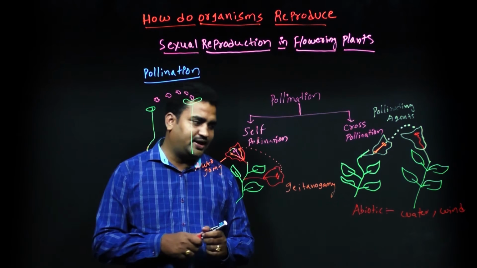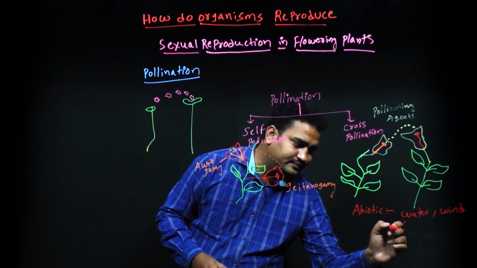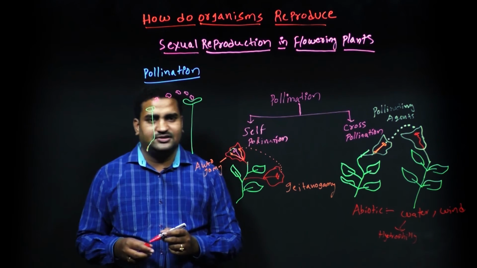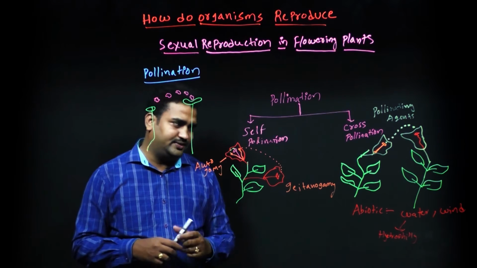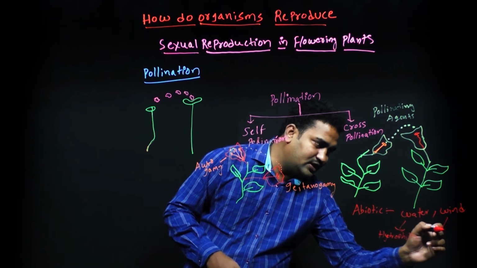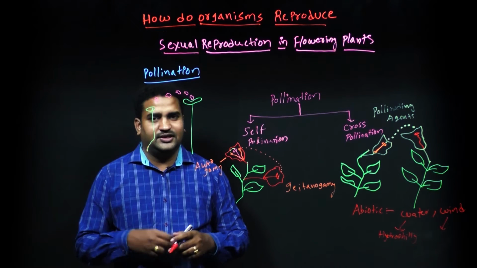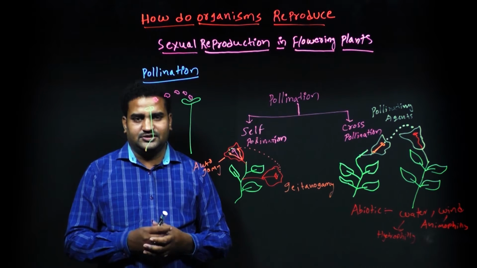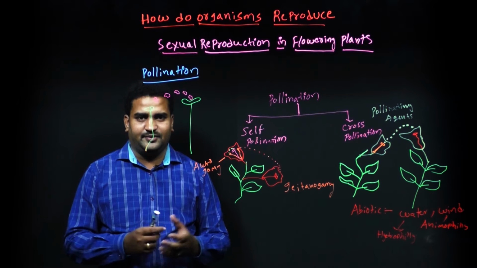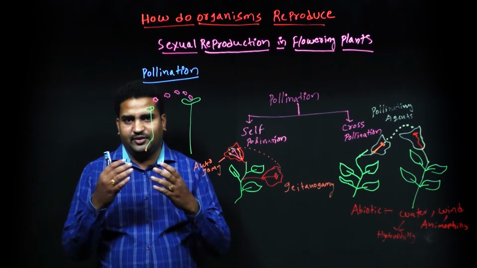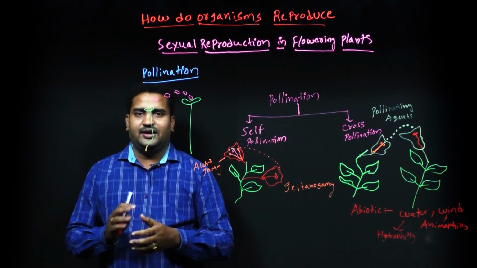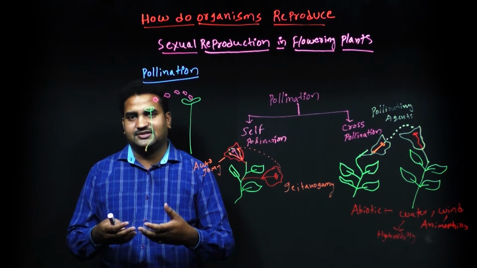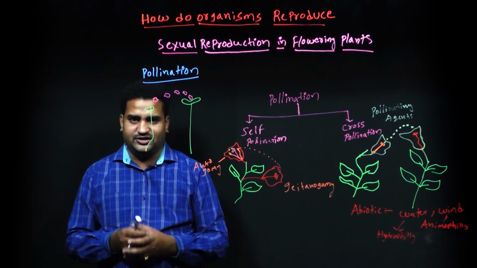Pollination through water is known as hydrophily, where the pollen grains are transferred through water. If pollen grains are transferred through air, then this kind of pollination is called wind pollination, also known as anemophily. These two are the abiotic pollinators. Abiotic pollinators in the sense they are non-living objects.